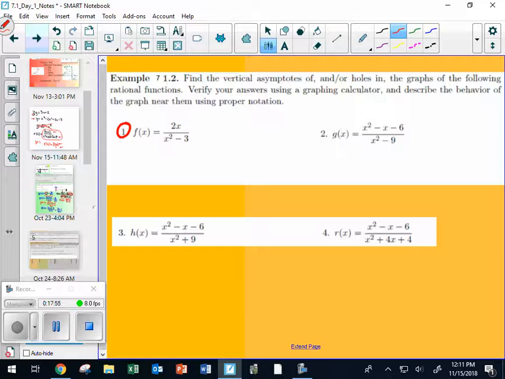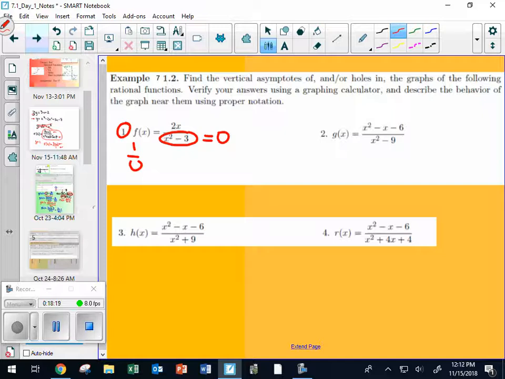Well, let's look at this. We have a fraction. If you have a fraction, when does a fraction not exist? Can you divide a fraction by 0? Can you say 1 divided by 0? You cannot. So, let's look at the bottom here. When does this bottom equal 0?